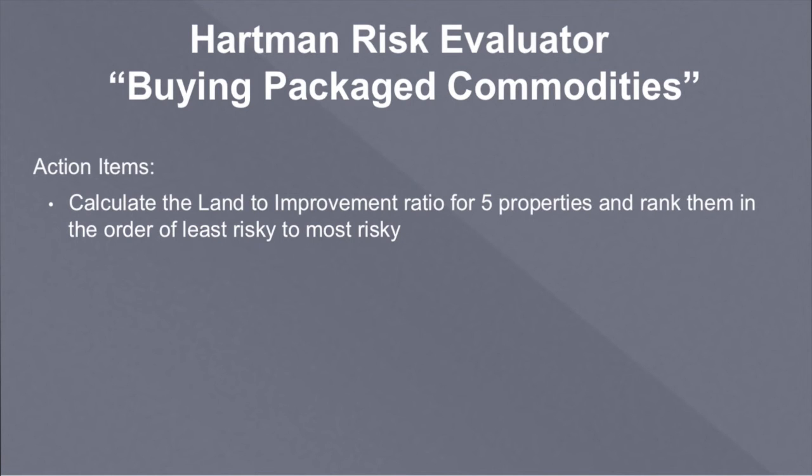That's the replacement cost of the improvement. Well, if you can buy the whole thing, the land and the improvement, for $140,000, and you know just through square footage numbers that it costs about $80 per square foot to build the house, and this varies by market too, then you know you're only paying $20,000 for the land. That would be a lower risk investment because that land to improvement ratio is good.